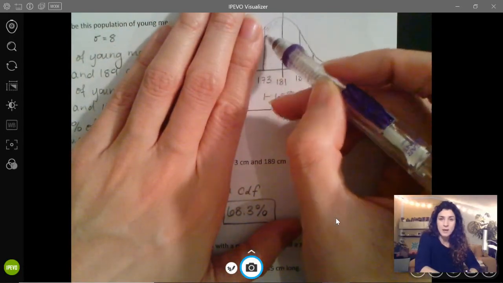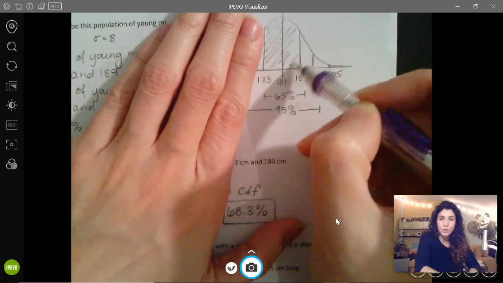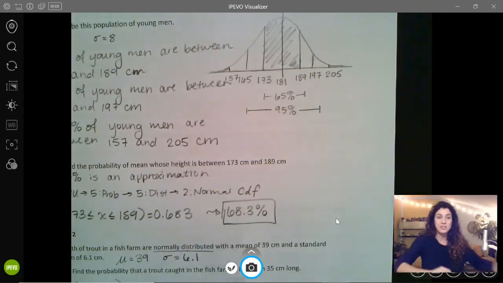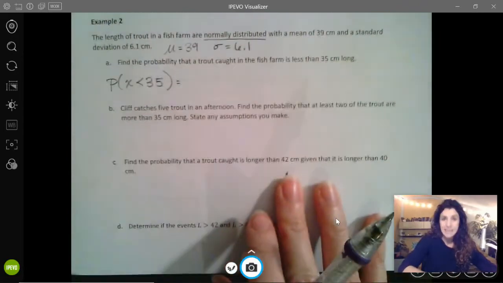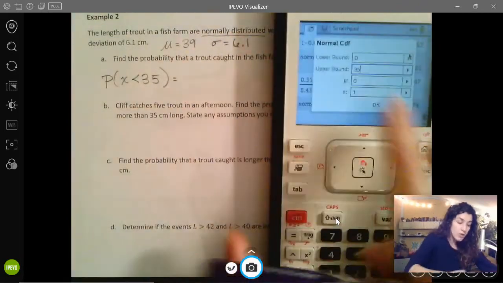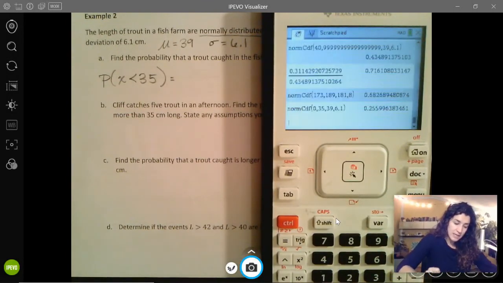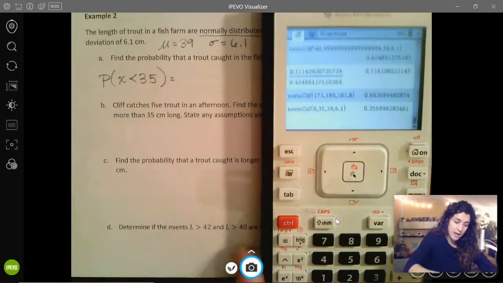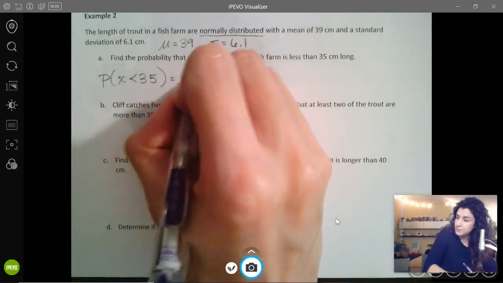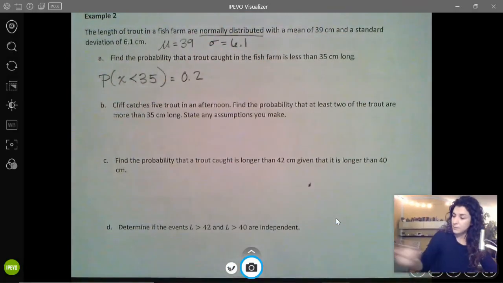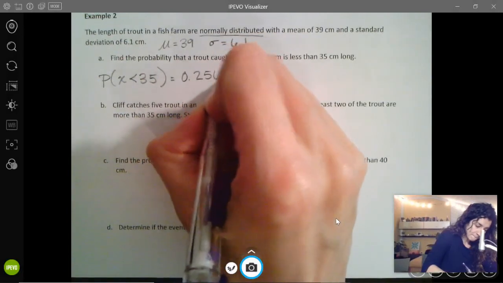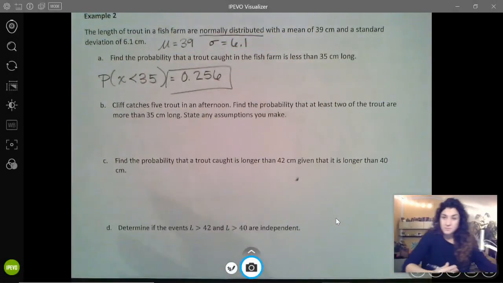You maybe added just a tiny bit, but it's small enough that it's negligible. So we're going to put 35 into the calculator, average 39, standard deviation 6.1, and we get 0.256. And that's it.